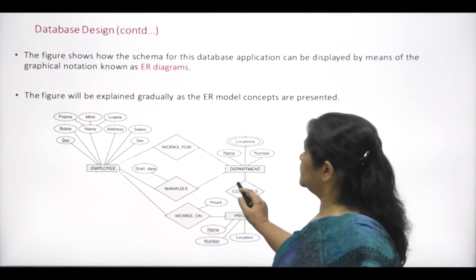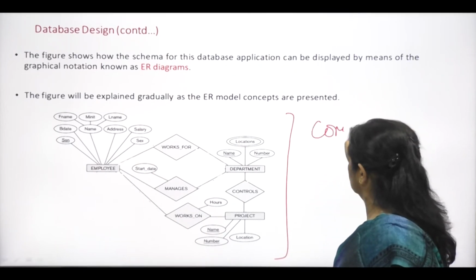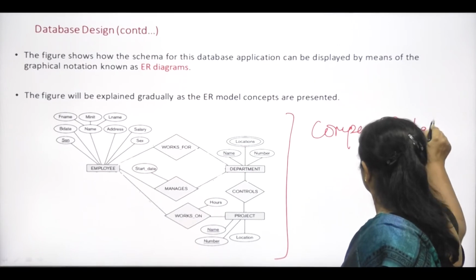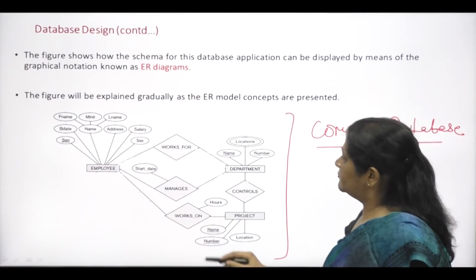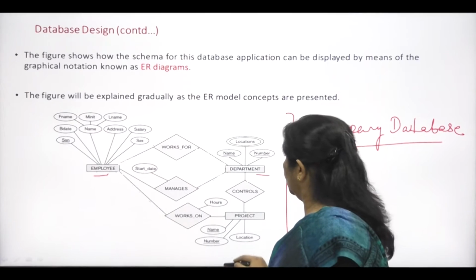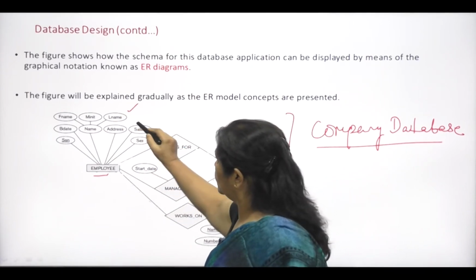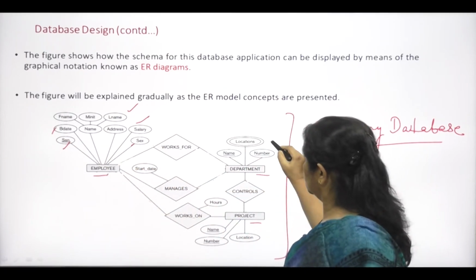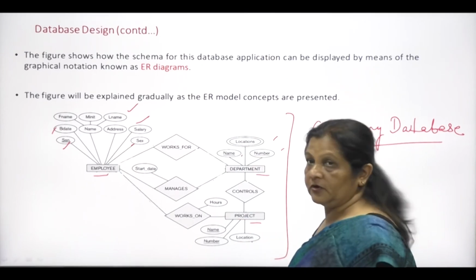So, here I have shown you an ER diagram for a company database which consists of some objects like employee, department, project. Then we have shown the attributes of these objects, the attributes for the departments, the attributes for the project.